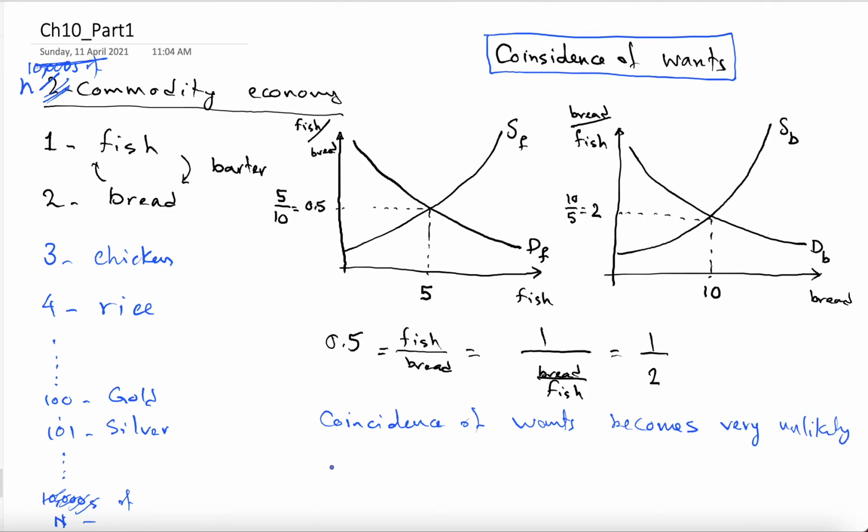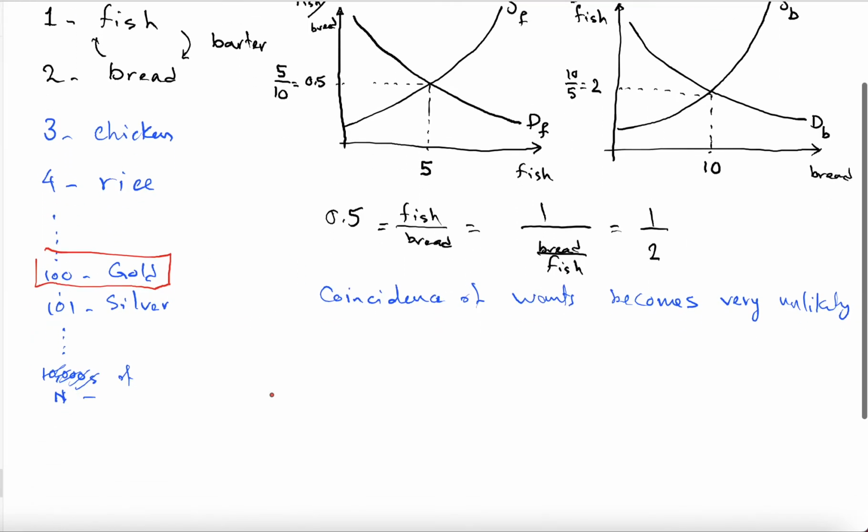The societies decided to pick up one item, let's say the gold, the 100th item, and value everything with that single item.